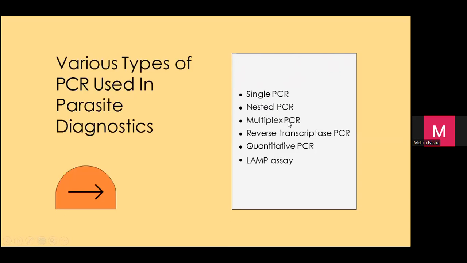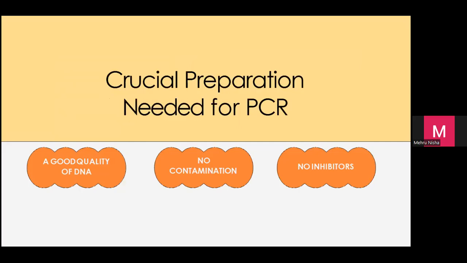Multiplex. Multiplex ni you nak target beberapa gene dalam satu cycle. Reverse transcriptase. Quantitative. LAM assay. LAM assay ni we don't use in the lab, but this is one of the technique that I will explain lah.